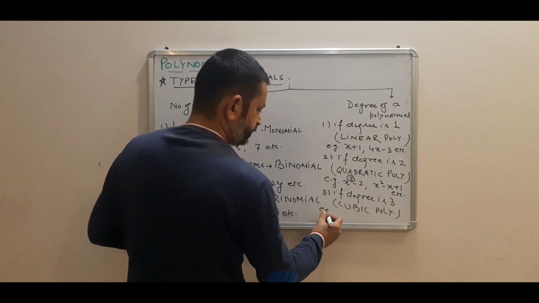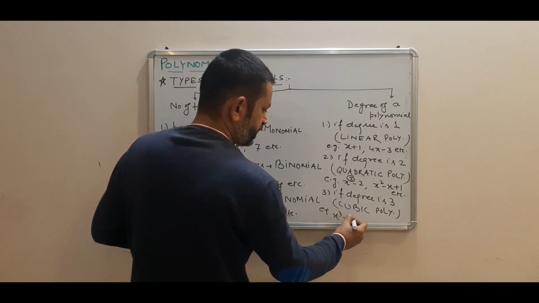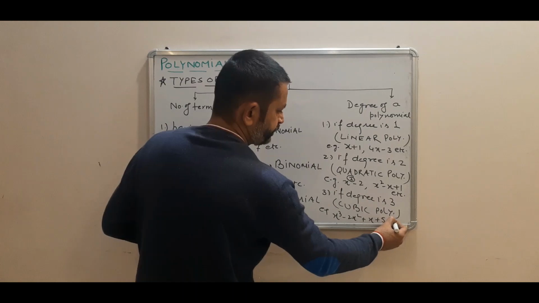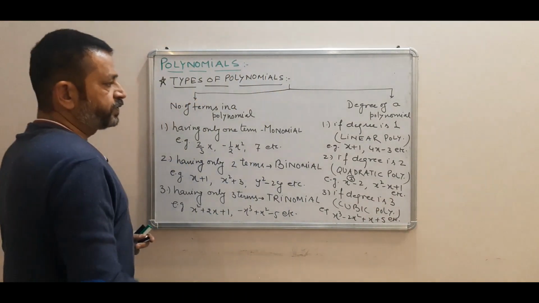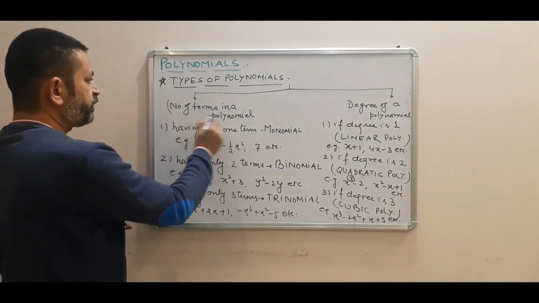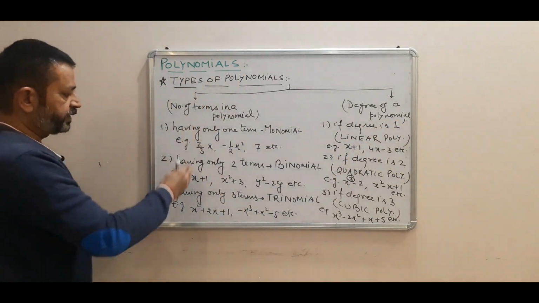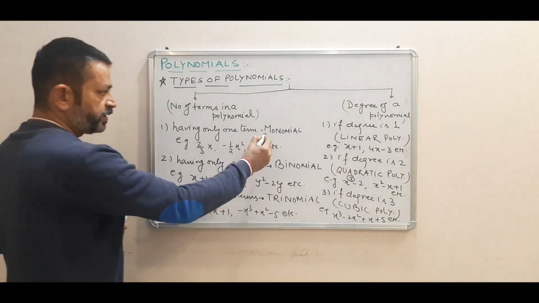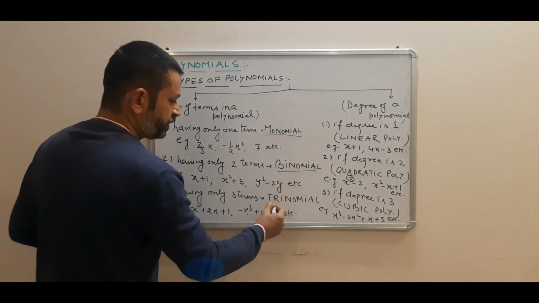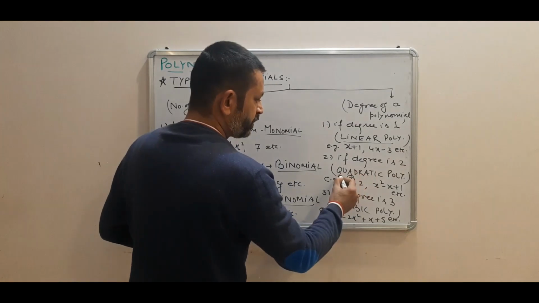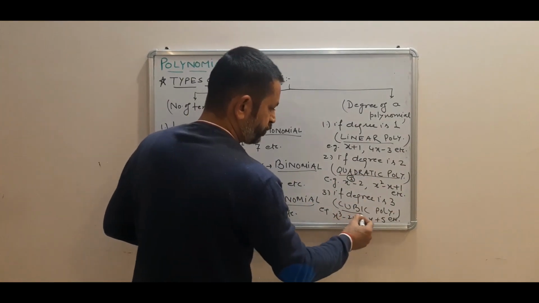For example, x cube minus 2x square plus x plus 5. So on the basis of the number of terms in a polynomial and the degree of a polynomial, we can divide them into these parts: monomial, binomial, trinomial. And on the basis of degrees, linear, quadratic and cubic polynomial.